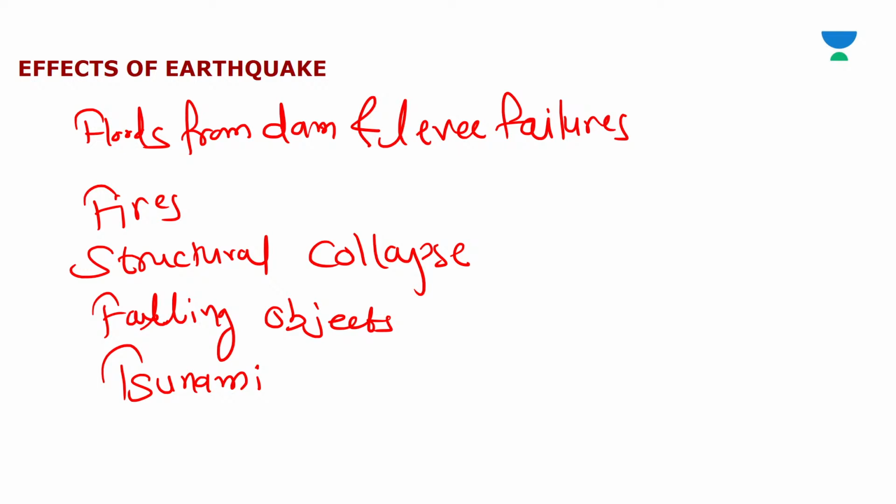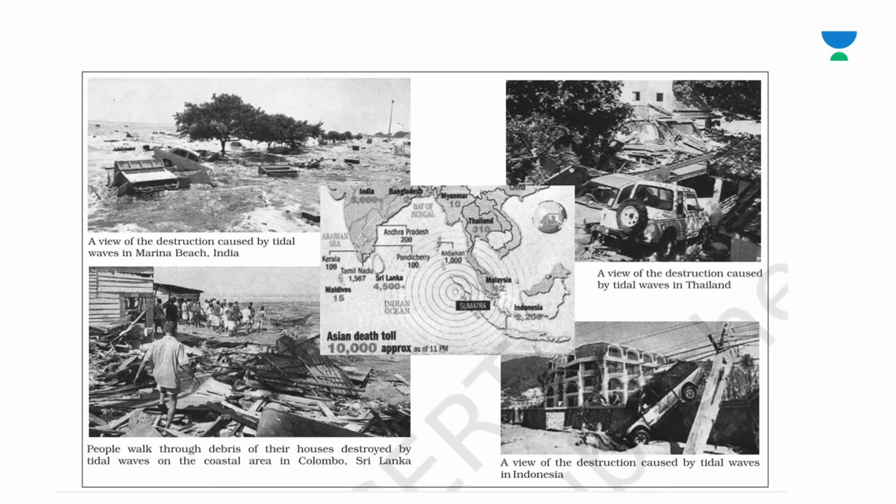So an earthquake of more than 5 on the Richter scale causes damage on a large scale. Now see the diagrams.